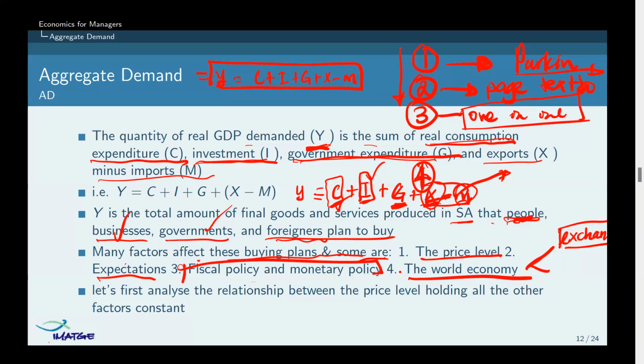So let's first analyze the relationship between the price level, holding all the other factors constant. Right. So we will hold all the other factors constant and analyze.